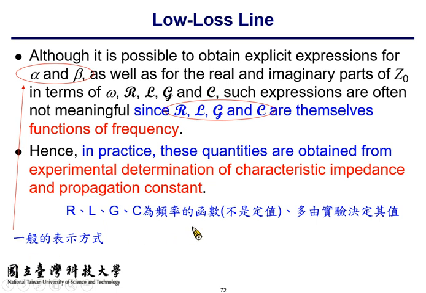They are actually functions of frequency, which means the inductance, capacitance, resistance, and conductance may vary as the frequency changes. But fortunately, in actual practice, usually the RLGC value can be regarded as constant for a specific band.